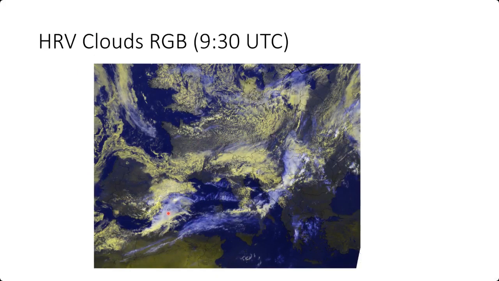And here is the similar image from the same time from the HRV clouds RGB satellite. Here also the yellow color is lower clouds, and the whiter are ice crystal clouds, which are higher ones.